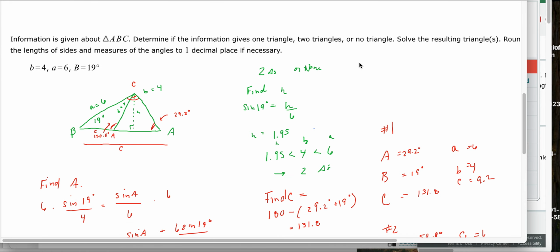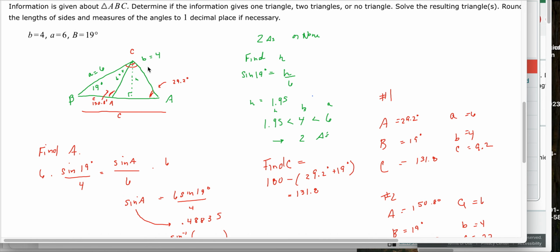So I hope that helps. Again, remember when that side opposite the given angle is larger than the given side, you're only going to have one possibility, and it's just a straightforward law of sines.